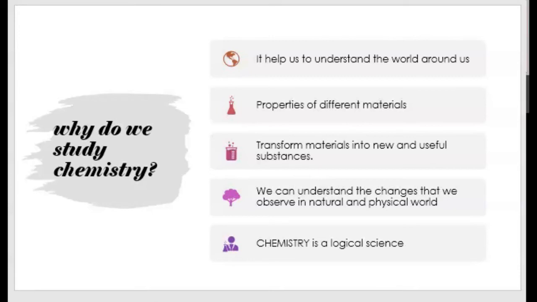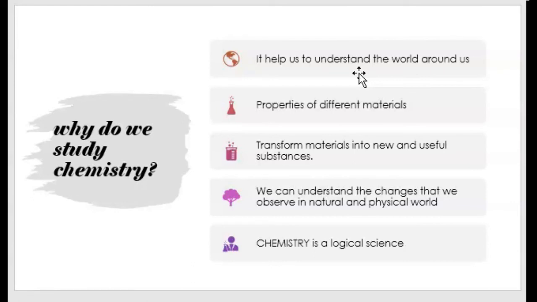It helps us to understand the world around us. Obviously, chemistry helps us to understand the world around us. If you're going to bake a cake, I'm always using baking as an example because I'm very fond of baking. If milk changes to curd, it is one of the common things you can see in your kitchen.